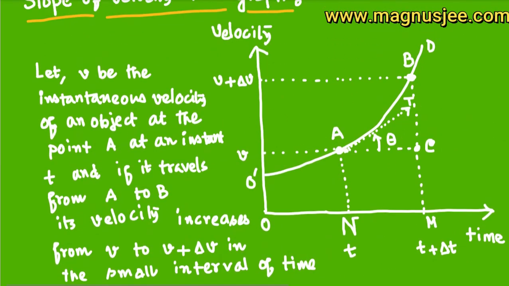Now we can denote the values of BC and AC on the graph. The value of BC is the small change in velocity, delta V, and the value of AC is delta T, the interval of time between the two points A and B, a small change in time.